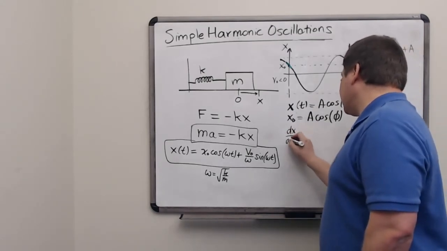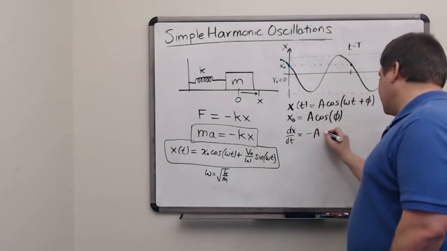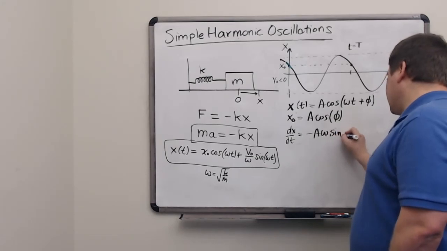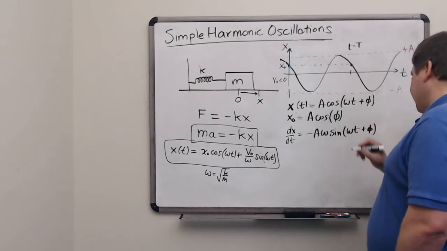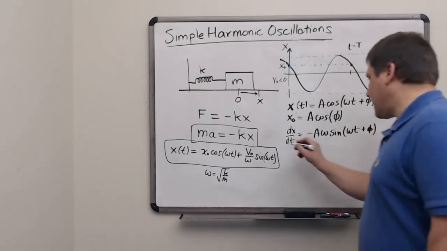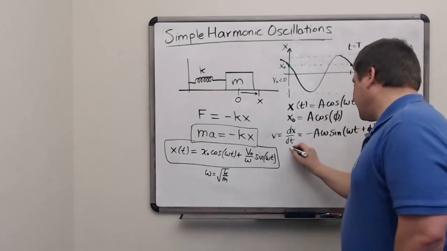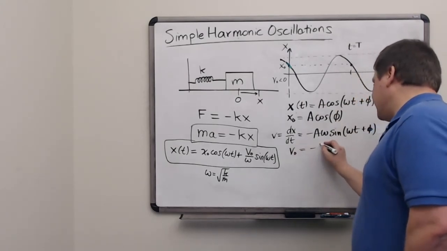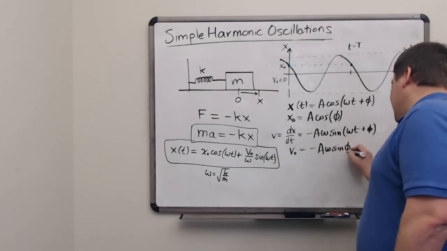So let's write that out in all the detail. We get minus a omega sine of omega t plus phi. That's the velocity time function in this model. So the velocity at time 0 would be minus a omega sine phi.